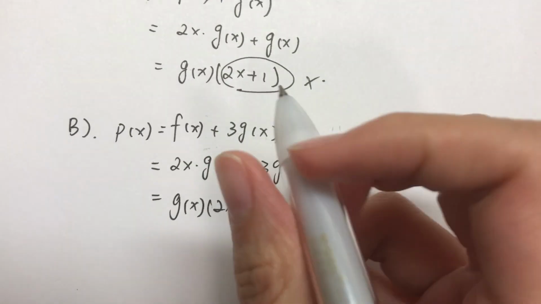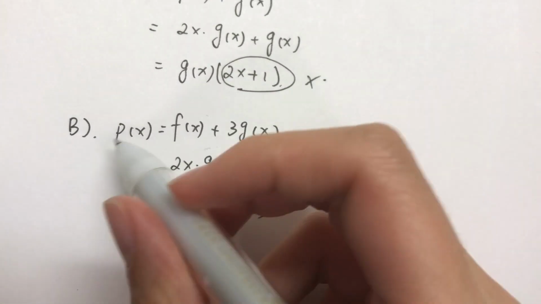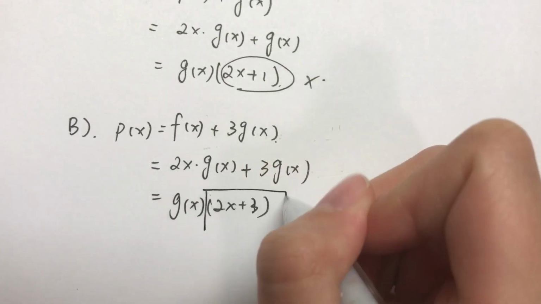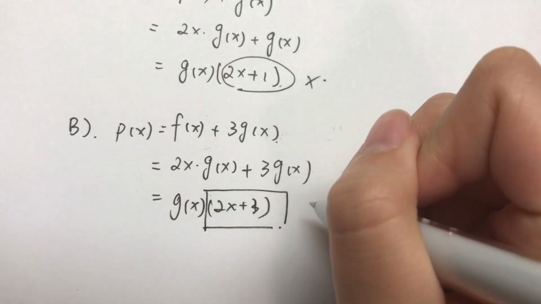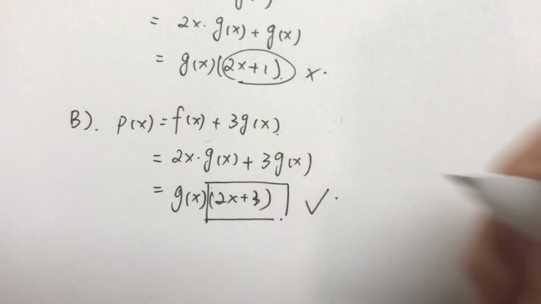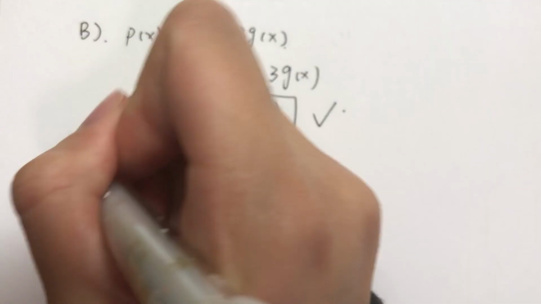So from this part, we notice that p(x) is g(x) times (2x plus 3), and 2x plus 3 is here. So this p(x) is divisible by 2x plus 3. So B is correct. Then we move on to C.